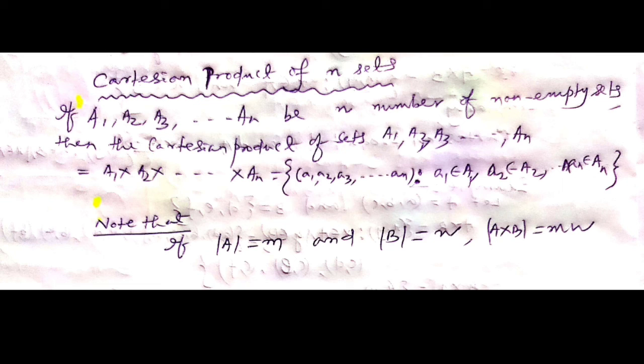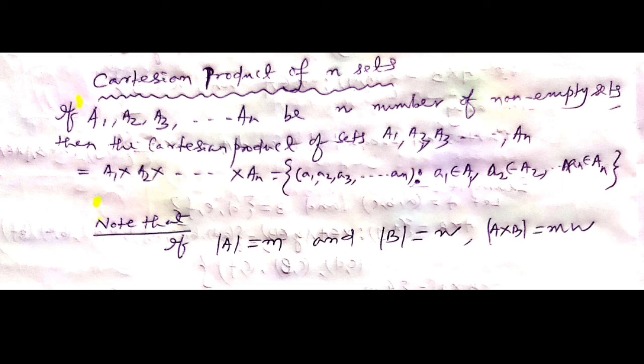It is the set of all ordered n-tuples (a1, a2, a3 up to an) such that a1 belongs to set A1, a2 belongs to set A2, a3 belongs to set A3, and an belongs to set An.